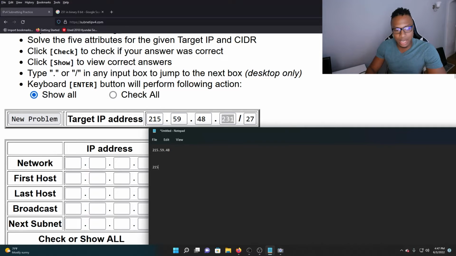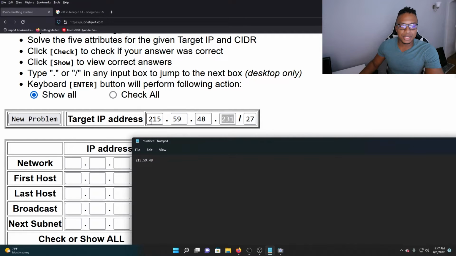If this was a /8, we would know 215 is going to be left alone and stay for a fact. If it was a /4, to be honest, I haven't seen that yet, but we would obviously know we're going to be messing with this number because it's going to be different. The subnet mask is not 255 in that case, but in this case it's /27.